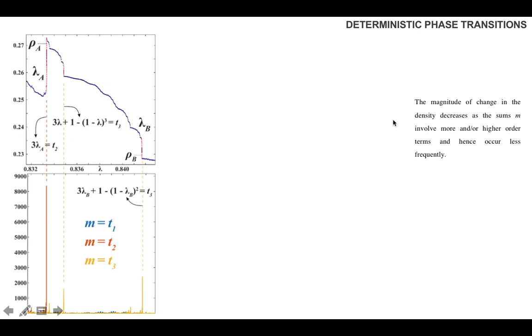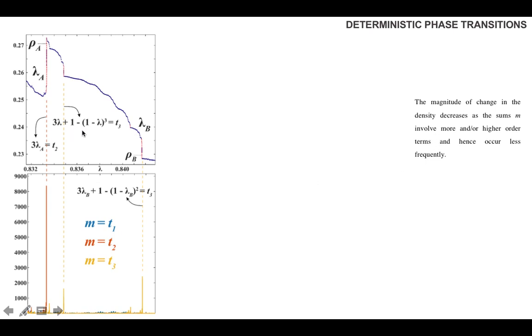Now, the magnitude of change in the density decreases as the sums involve more, or higher order, terms in the Cantor set.